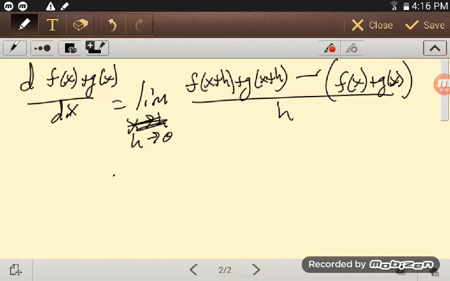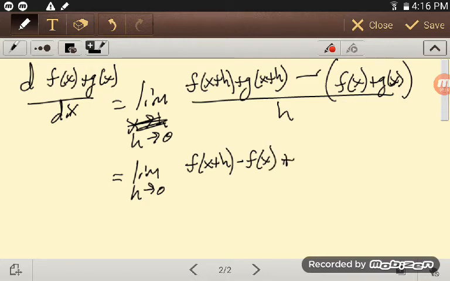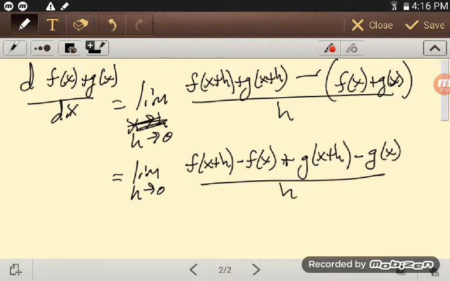So this is the limit as h goes to 0. Now all I do is rearrange terms, so I have f of x plus h minus f of x plus g of x plus h minus g of x, all divided by h.